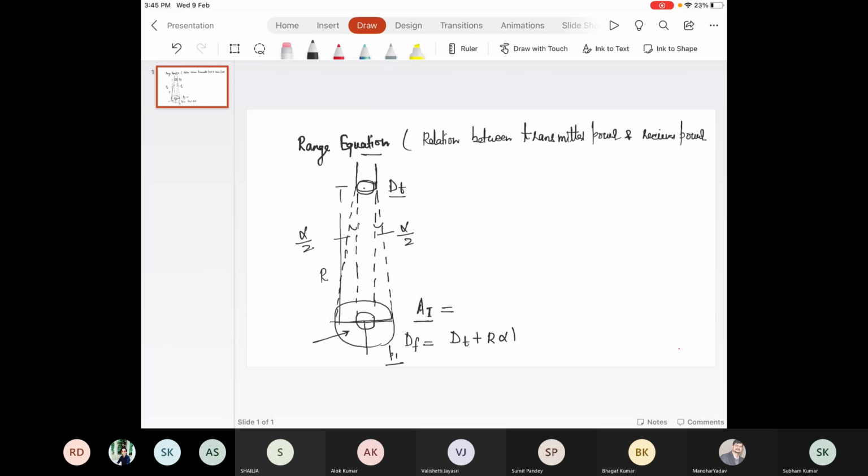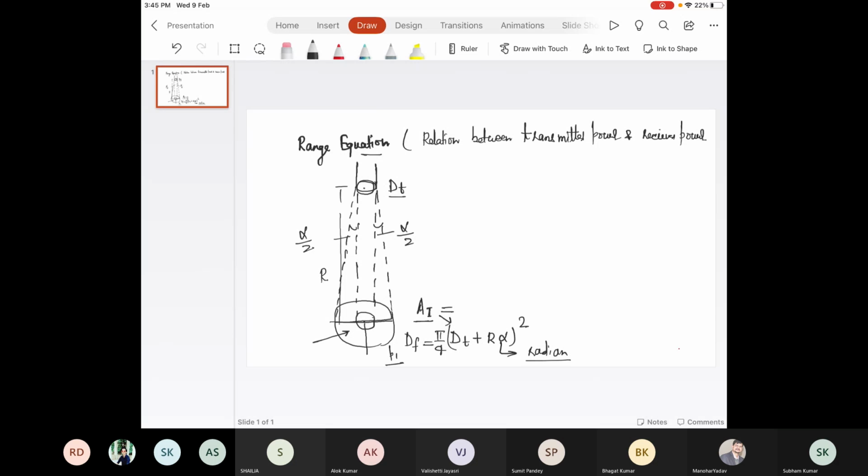And the area will equal pi by 4 times the square. Here this alpha is measured in radians. So this is the total area illuminated by the laser beam, and this area A_I is the area of the laser footprint.